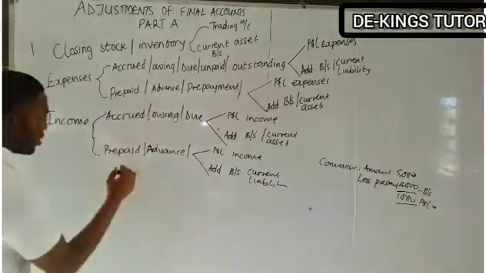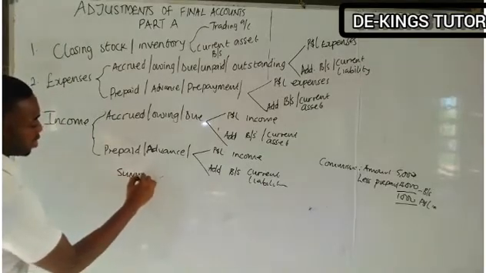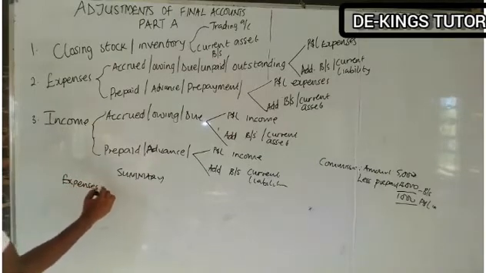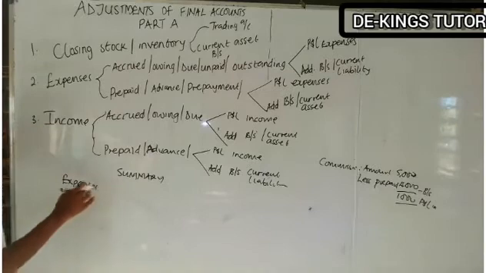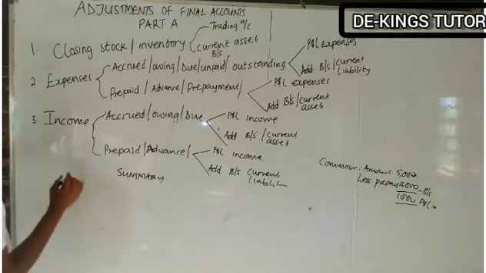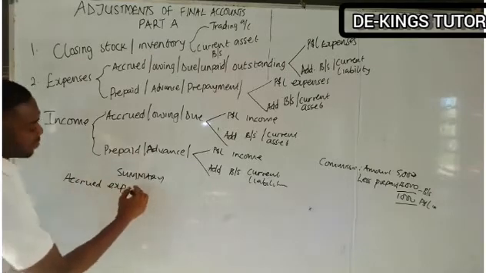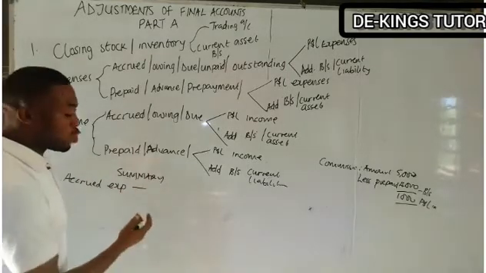Now, in summary, let's see that summary for our expenses. Let's say, for instance, accrued expenses. For accrued expenses, what do we do?